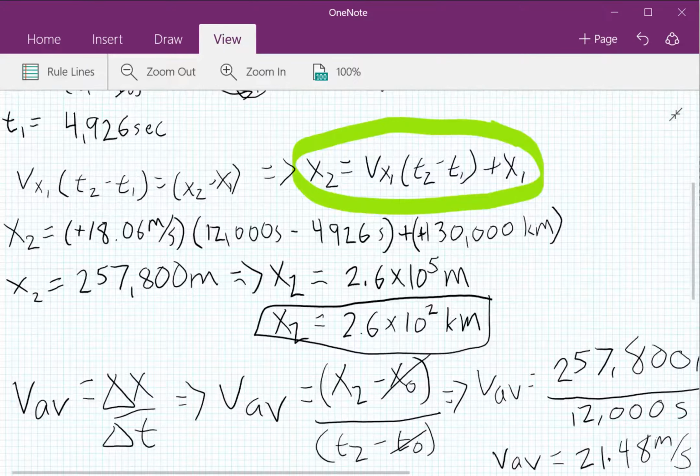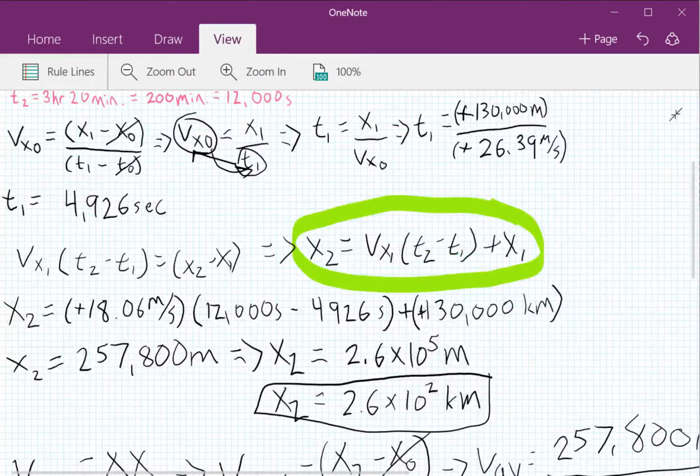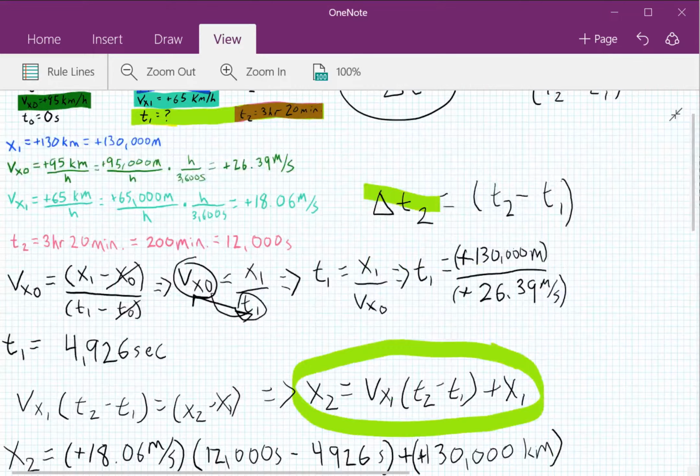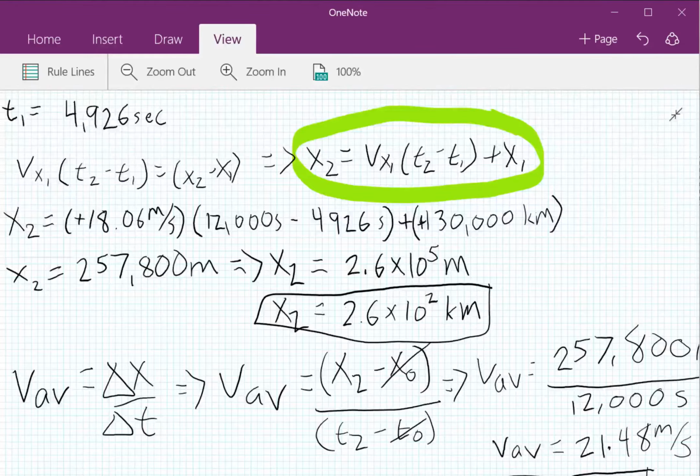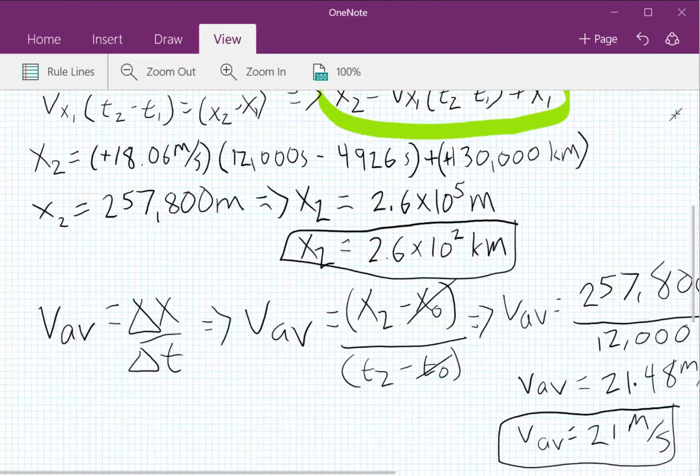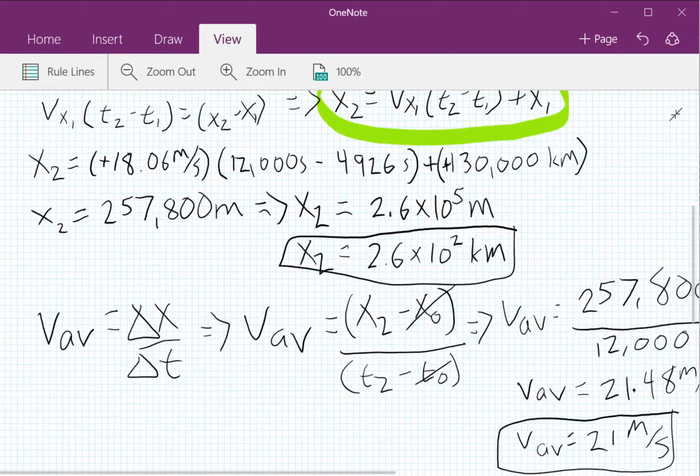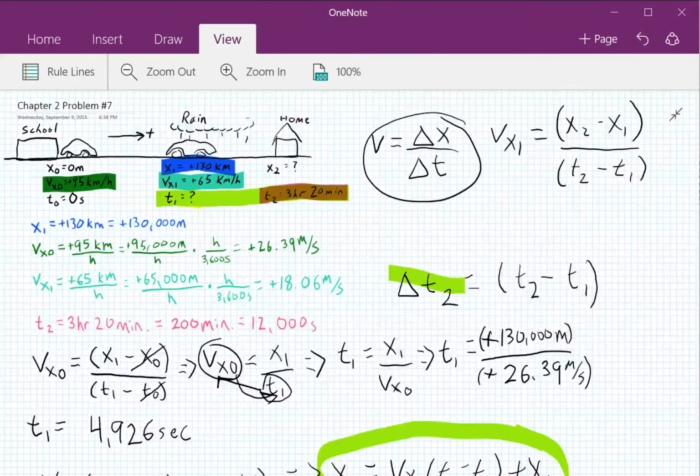You didn't have to put it if you didn't use this equation originally. You could have found just the one location and added to it, which is why I wrote down that 127,800 at first. I forgot that I already put in the 130 kilometers in the video, because when I did it on my own on the paper, I did it a little bit differently.